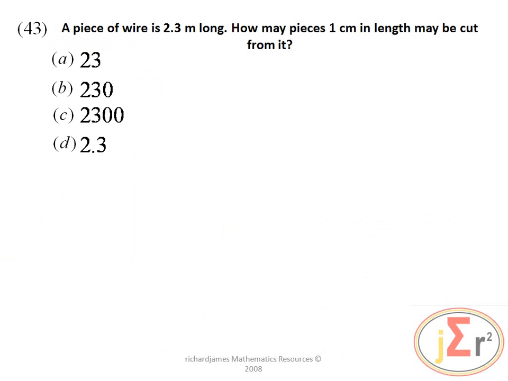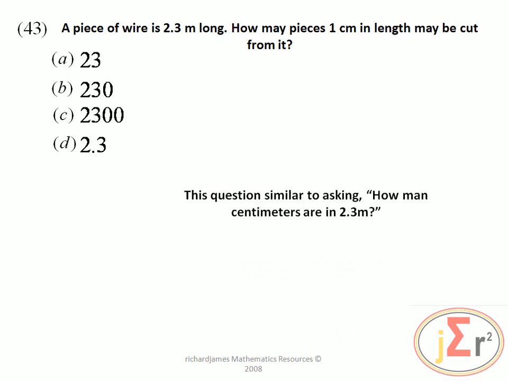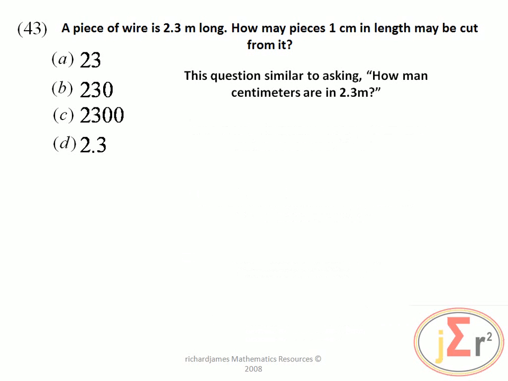A piece of wire is 2.3 meters long. How many pieces 1 centimeter in length may be cut from it? This question is similar to asking how many centimeters are in 2.3 meters. 100 centimeters is equal to 1 meter.